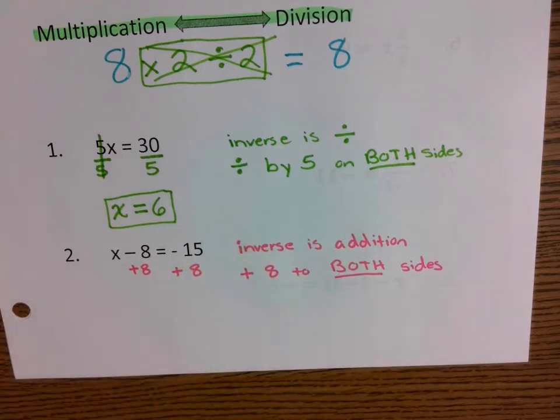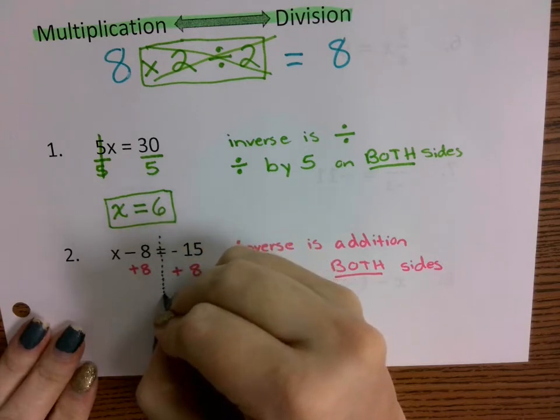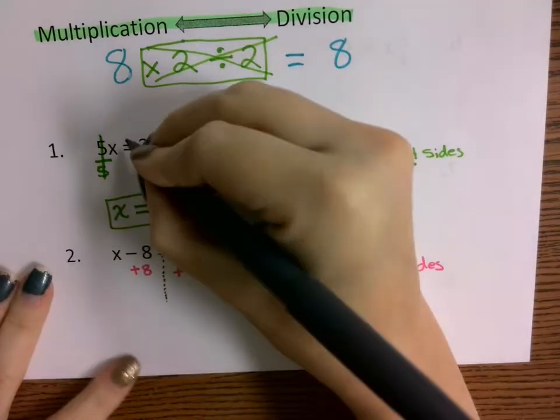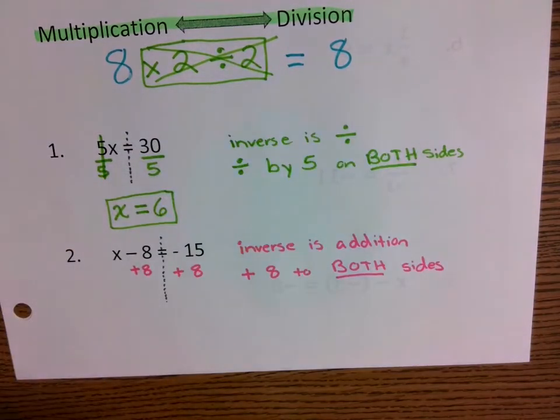When we say both sides, that means both sides of the equal sign. If you need to draw an imaginary wall, I've had kids do that in the past. They like to draw a little imaginary wall right where the equal sign is so that they know you're going to do it on the left side of the wall and on the right side of the wall. Perfectly fine to do that.